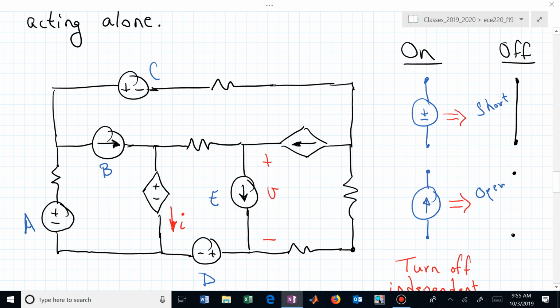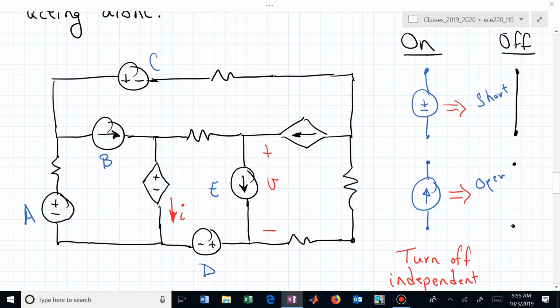How would I change this circuit if I just wanted A to be active? What would I do with D? Just short it out. What would I do with C? Short it out. B.